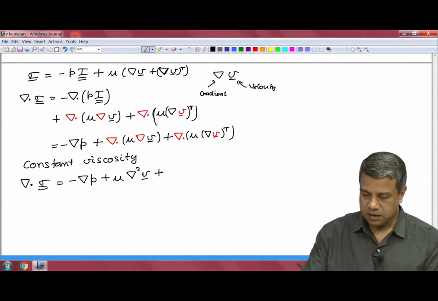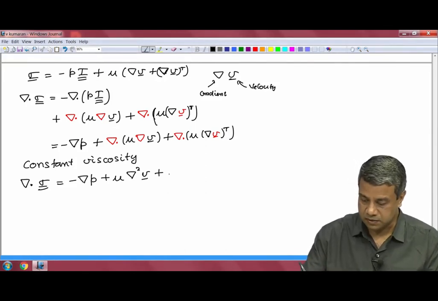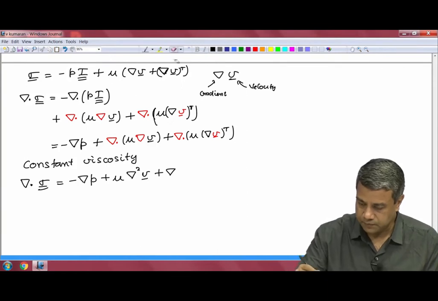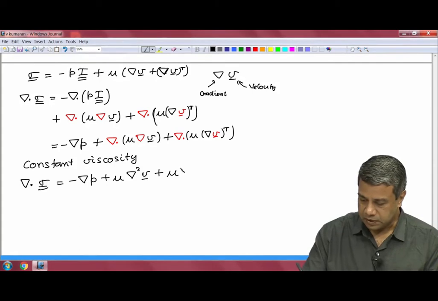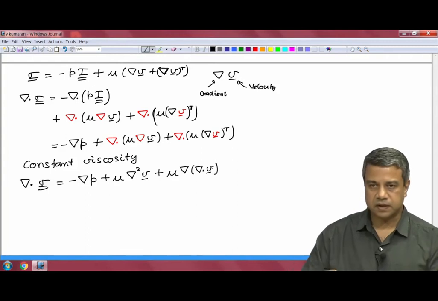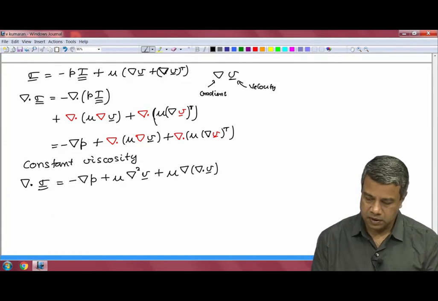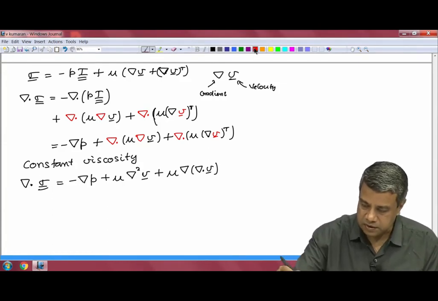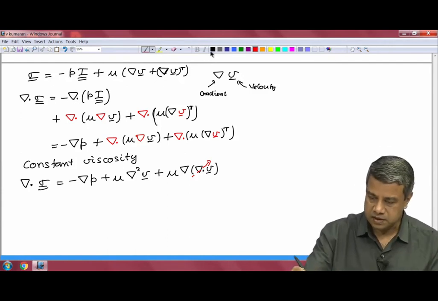The second one gives me mu times the gradient of the divergence of the velocity, because the divergence is with respect to the velocity vector. For an incompressible flow, this term is equal to 0, since the divergence of the velocity is equal to 0 from the mass conservation condition.